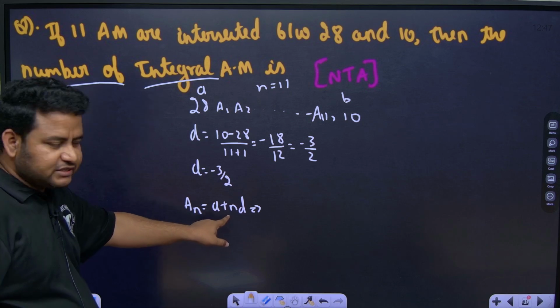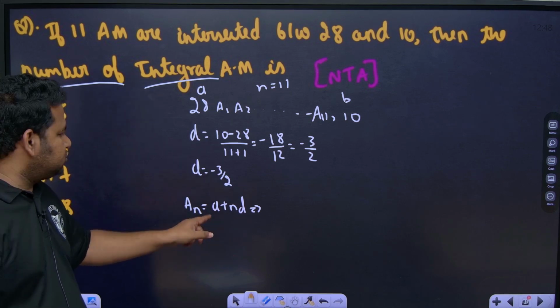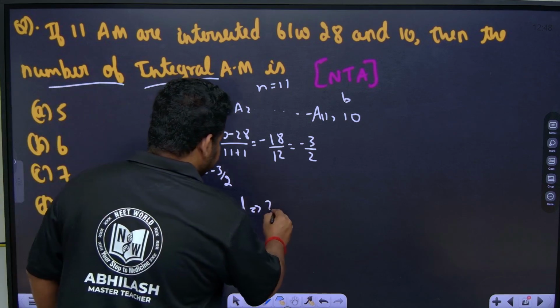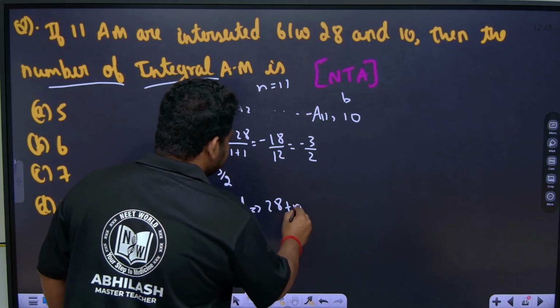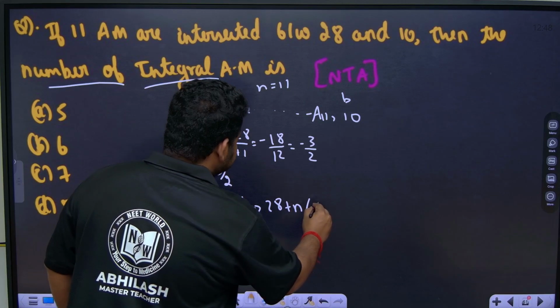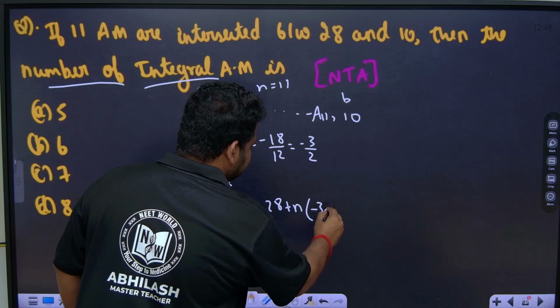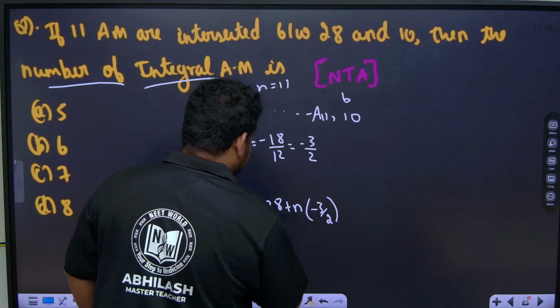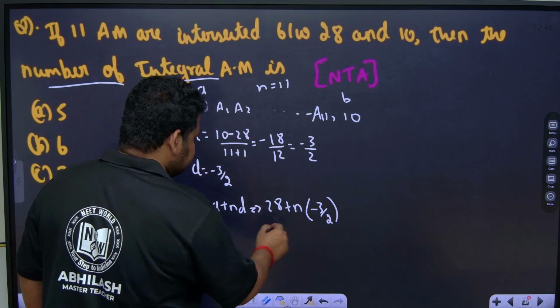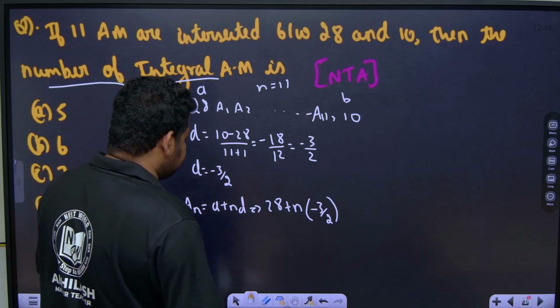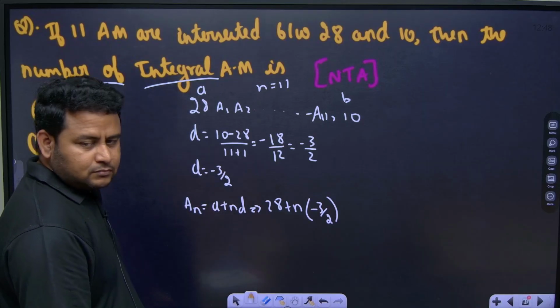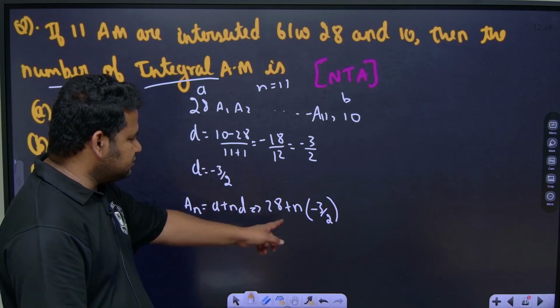To find this n, I have to do some calculations. So a is 28, plus n into d, where d is minus 3 by 2, not 10. Don't sleep. This is an. Now if I have to find a1, I should put n is equal to 1.